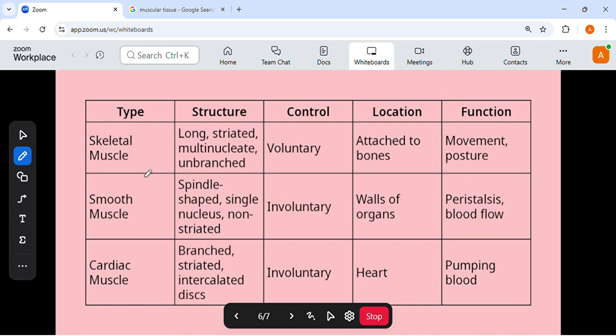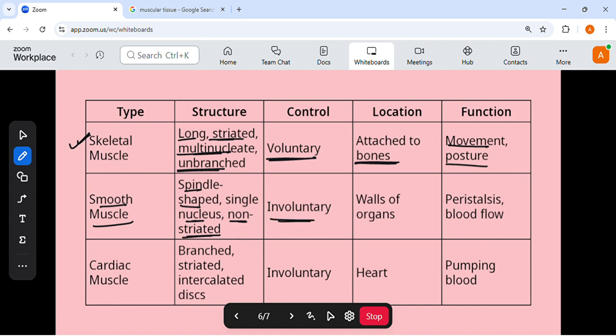So let's see this table here. Skeletal muscle is long, striated, multinucleated, unbranched, cylindrical, voluntary, attached to the bones, limbs, facial muscles. Example, movement and posture is the function of skeletal muscle. Smooth muscle, spindle shaped, single nucleus, and non-striated, no striation is there.